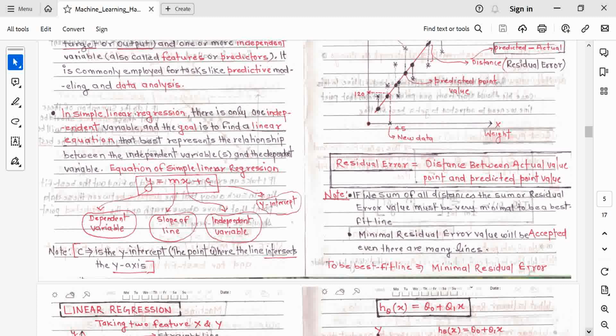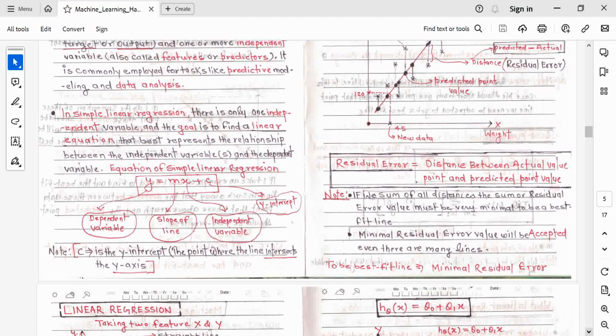In linear regression we have to find the best fit line. We are given some points and we have to predict, and the difference between the predicted point and the actual value is known as residual error.